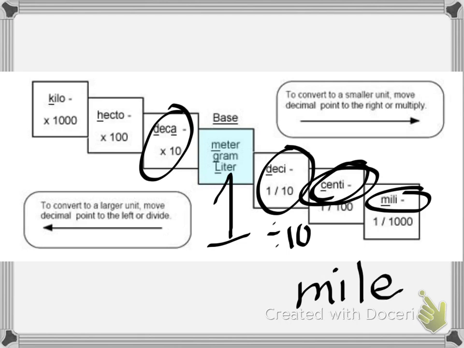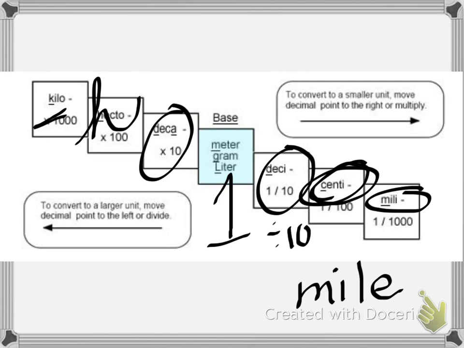Mill, because when the Romans would go for their 1,000-step march, basically, they would have 1 mile, which is 1,000. So they started out with the mile there. And then, of course, H for hecto and hundred, so that's one way to think of that. And then kilo means 1,000.